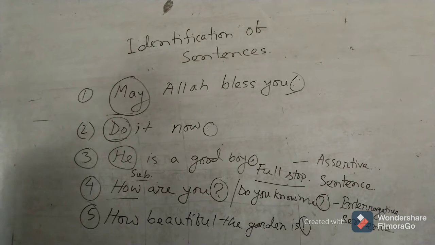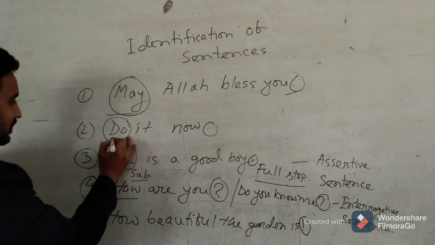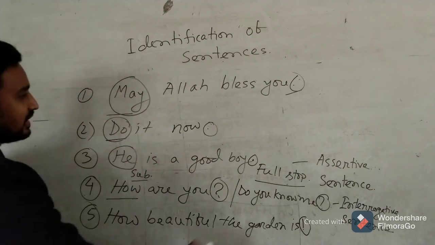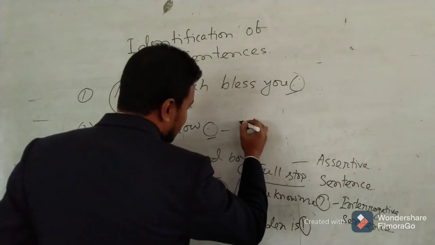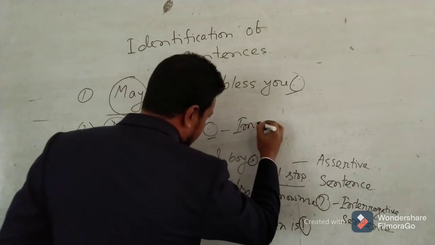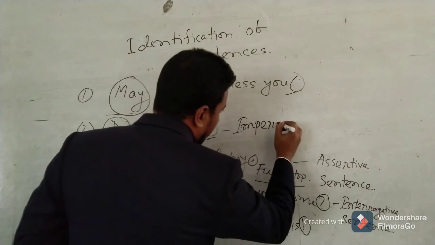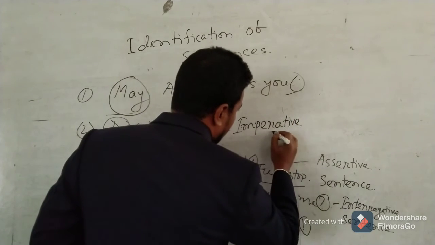That's a complex definition, but it's very simple. Having a verb at the beginning and a full stop at the end, we can consider it as an imperative sentence.